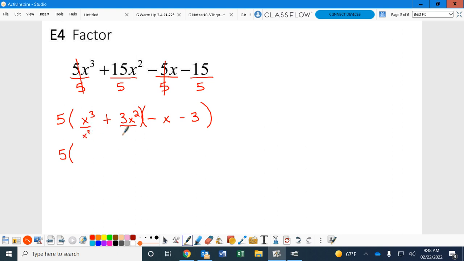You can't have a number because there's no number in common other than 1. 1 doesn't help you. We'll talk about that one and how to deal with it when it does come up. So we put that x squared out in front. You're going to open a parentheses. And then you're going to simplify each one of these, guys. X to the third divided by x squared is going to leave you x. It's x to the first, but we don't write to the first, so it's just x. And then on this one, the 3 is the only thing left when the x squareds cancel out.